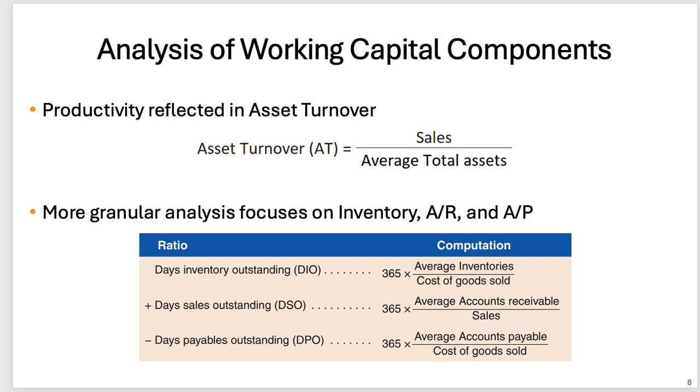Well, what we're talking about when we talk about asset turnover is your cash conversion cycle. You're looking at how quickly you can convert cash into inventory, inventory into sales, those sales into cash, relative to when you have to pay your vendors for the inputs or the resources that you purchased on credit.